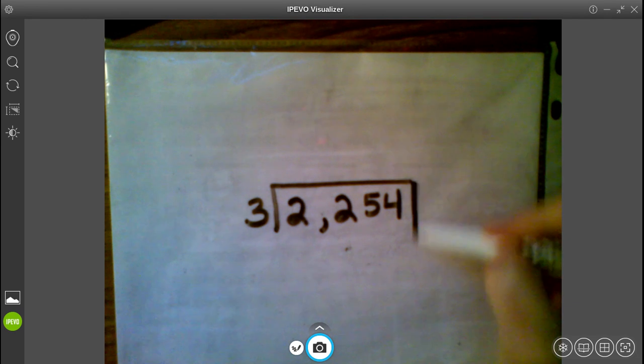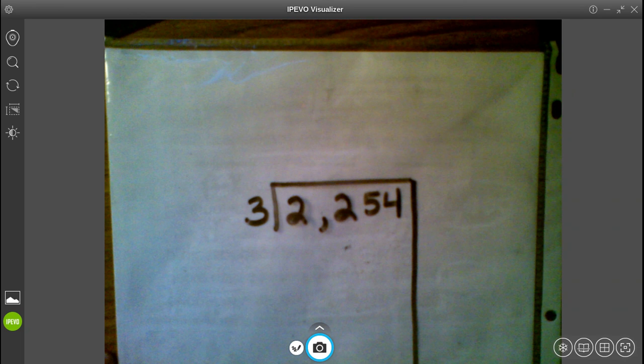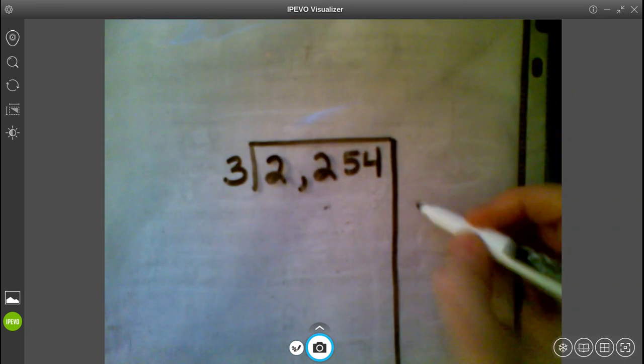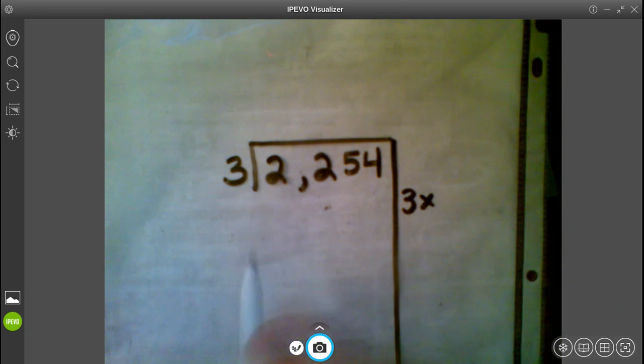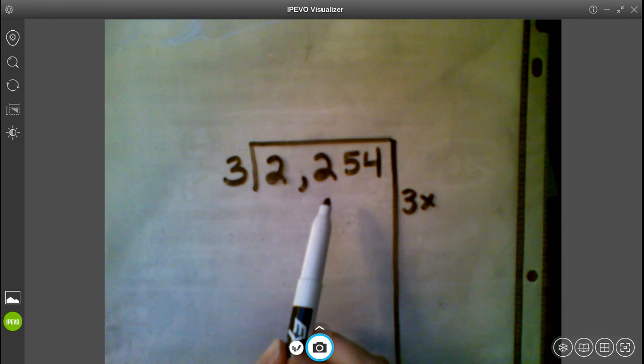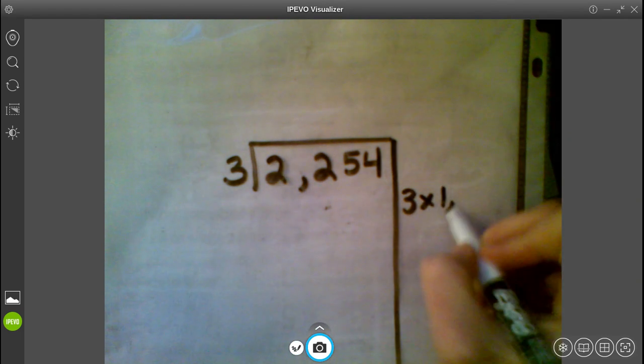Okay, we'll draw our vertical line so we can keep track of our work. So we start by thinking 3 times what gets us close to 2,254 without going over. Last time we had a 4-digit dividend, we multiplied by 1,000.